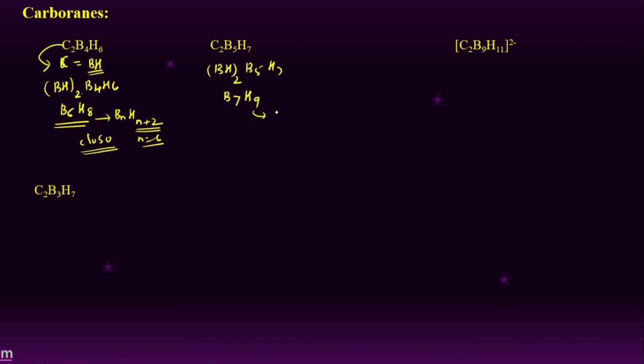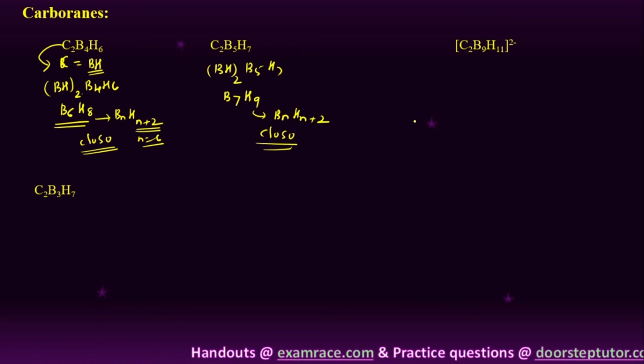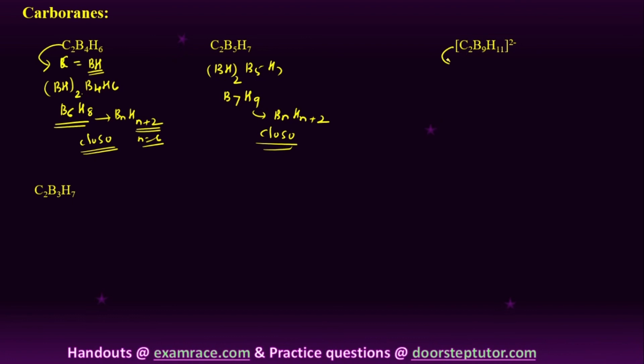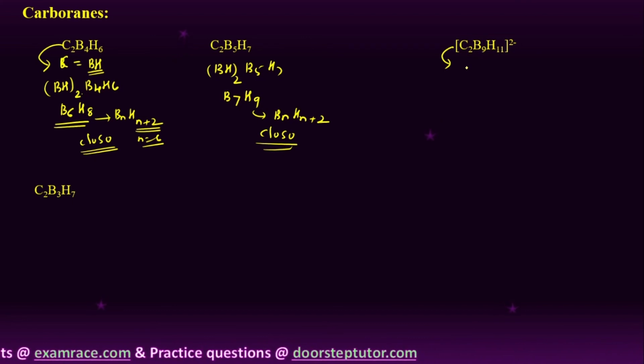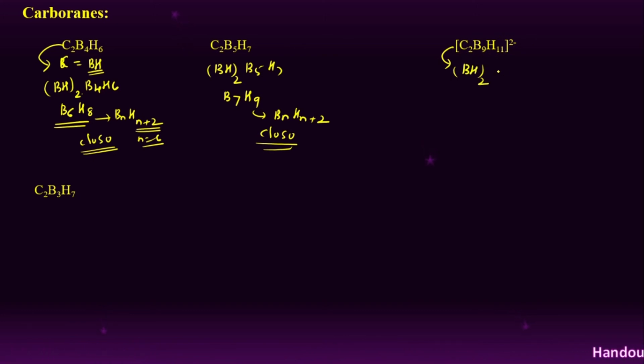So it looks like BnHn plus 2. That means 7 plus 2, closo. Here you can see, student, C2B9H11 to the power of minus 2. Just add 2 electrons over here. BH taken twice, and so this is B9, and then H13.